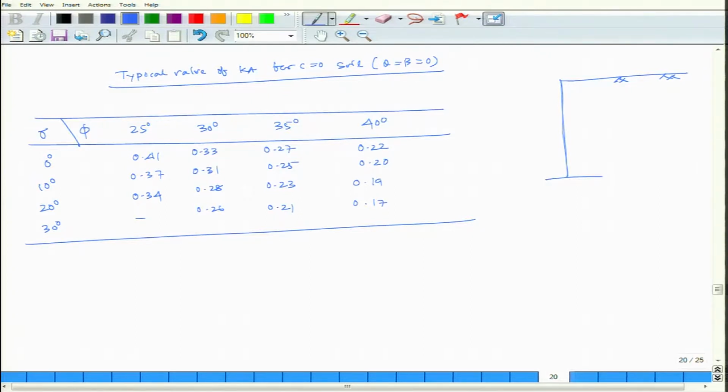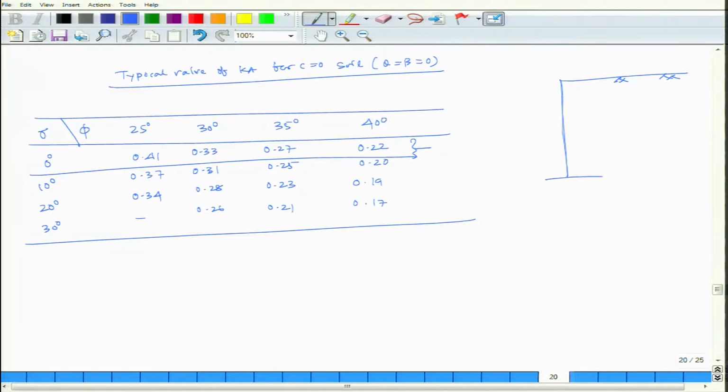Once I am considering it is 0 degree, what does it mean? 0 degree means there is no friction, wall is very smooth, and these values are as per your Rankine's theory, because it is 0 degree. Then phi is varying, I have taken 4 values 25 degree, 30 degree, 35 degree and 40 degree.